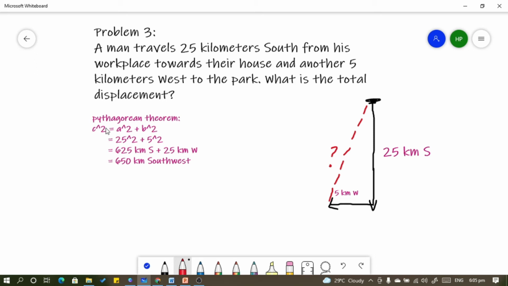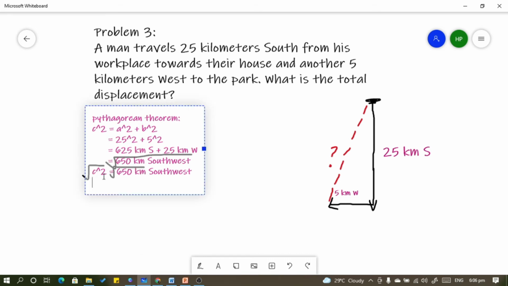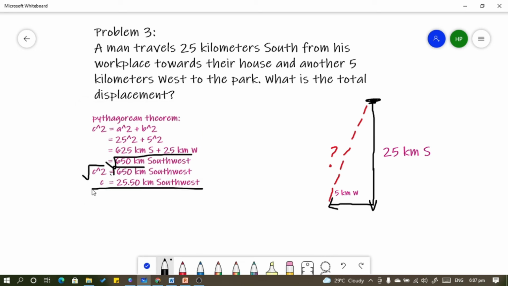So what we're going to do is identify the square root of 650. The square root of c squared is c, so c is equal to the square root of 650, which is 25.50 kilometers southwest. So that is the direction. The man's total displacement is 25.50 kilometers southwest.